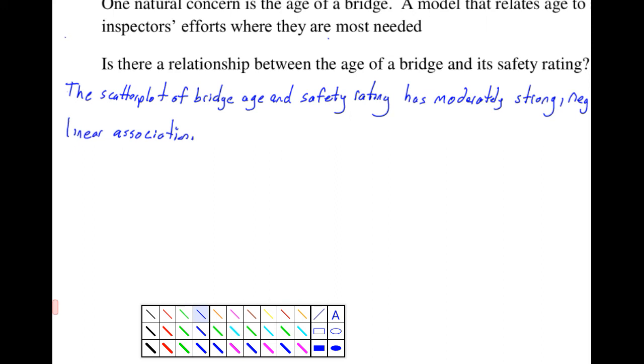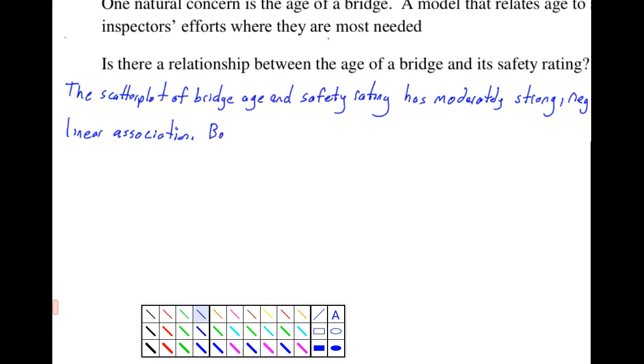Okay, now we want to check our conditions. We'll talk about the unusual in just a moment. Both variables, our explanatory variable is age, which is in years. Safety score is a score, which is on that 1 to 7 scale. So those are points.